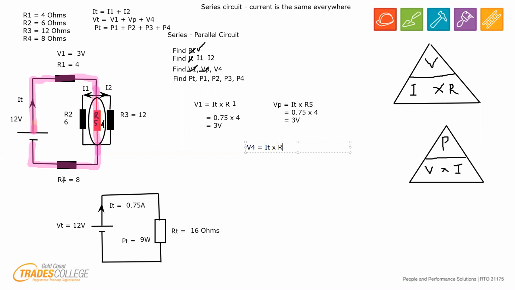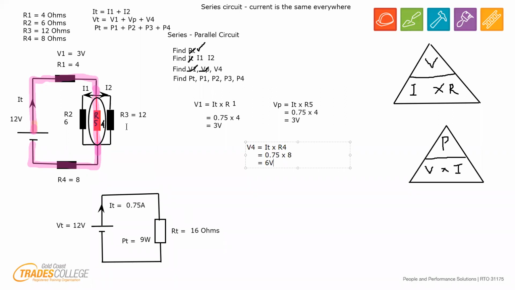Well, I'm looking at this one, so we need R4. 0.75, which is IT, multiplied by R4, which is 8 ohms, gives me 6 volts. Okay. All right.